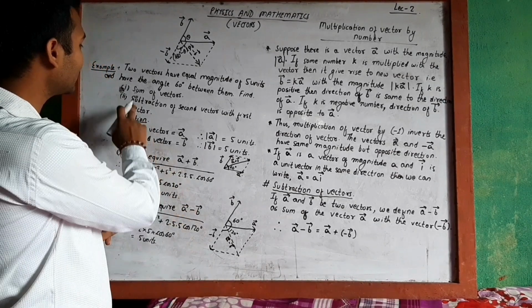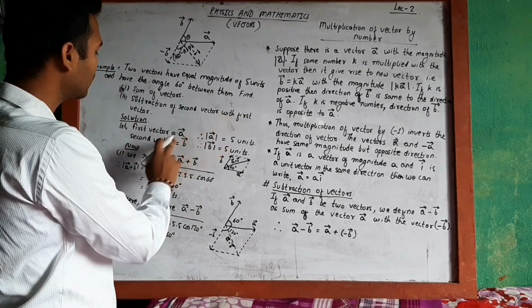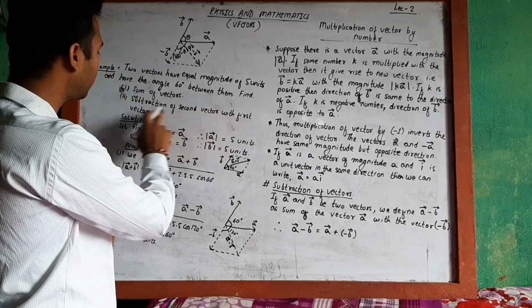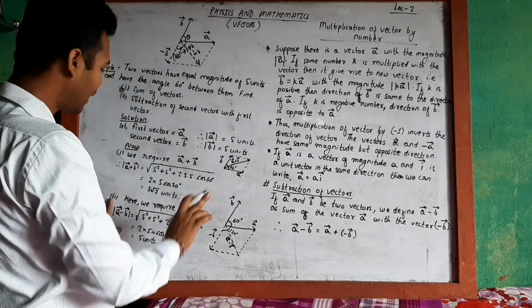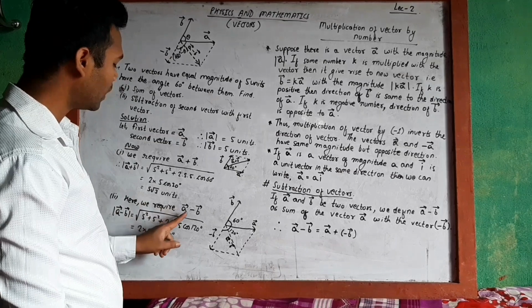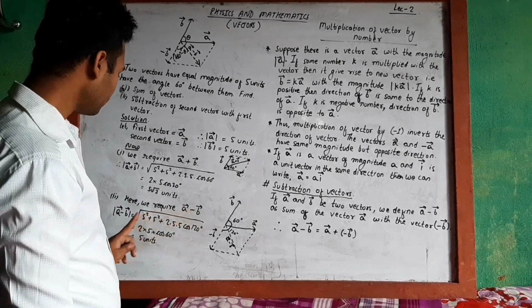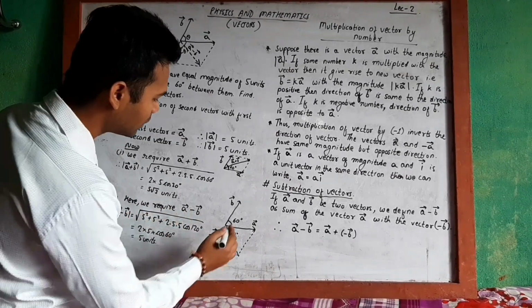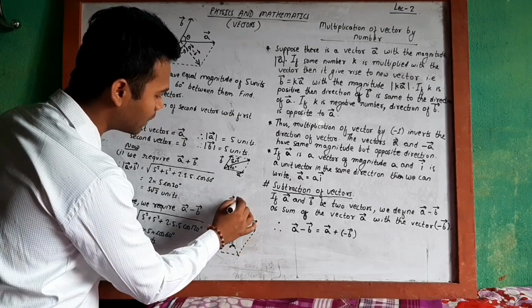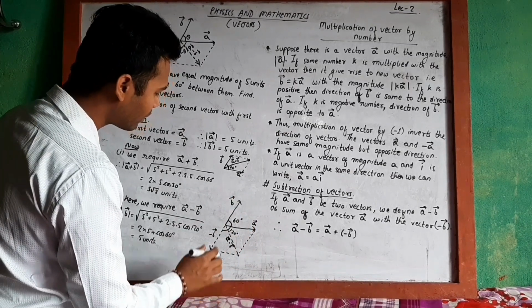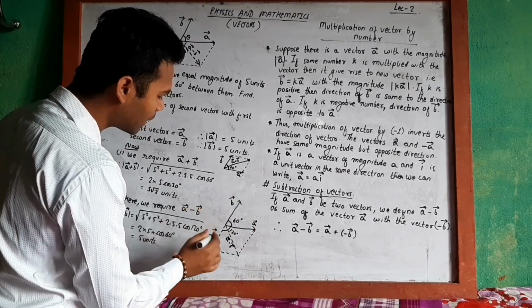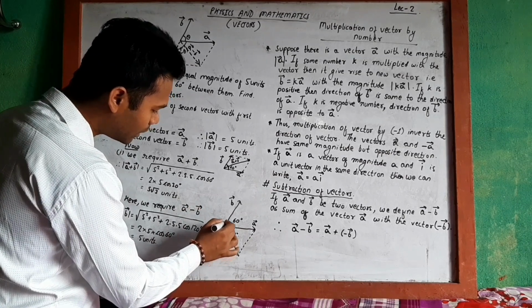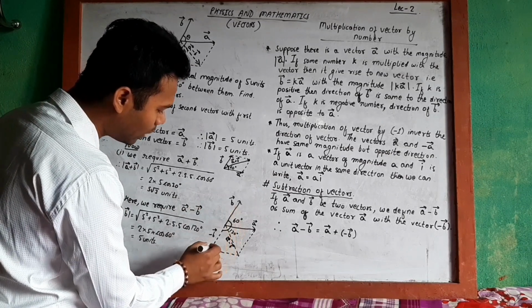Again, in the second case, subtraction of the second vector, that means subtraction of b vector from first vector a vector, we need a vector minus b vector. In the diagram, this is a vector, this is b vector. If we need minus b vector, then we reverse the direction of b vector with equal magnitude.